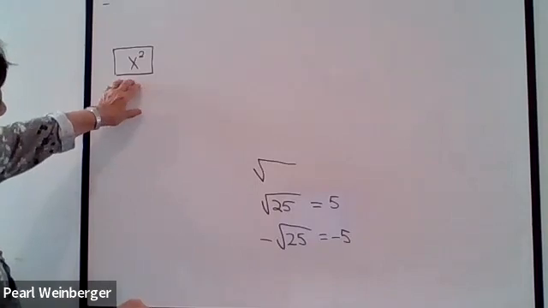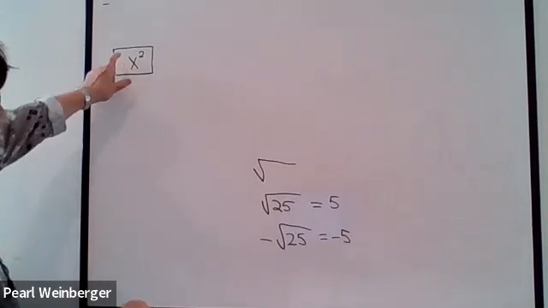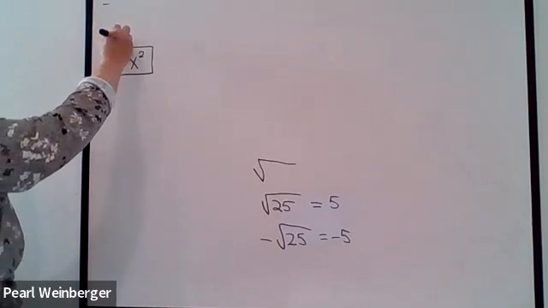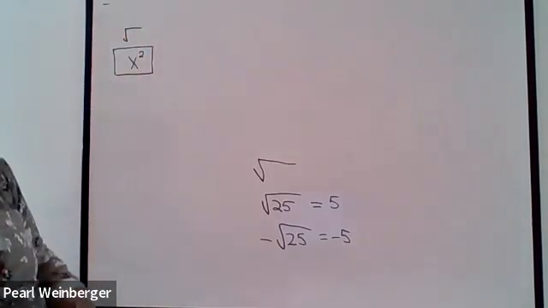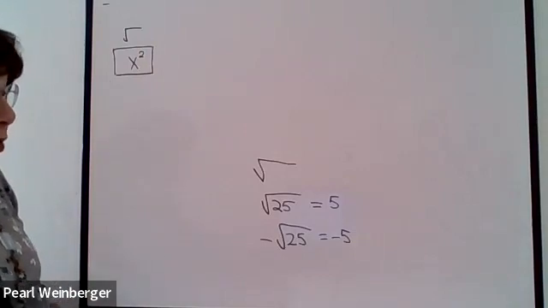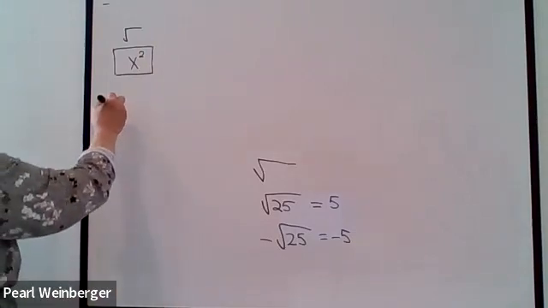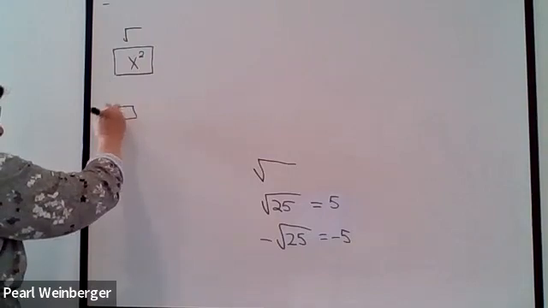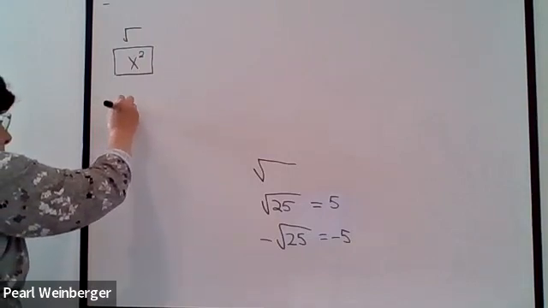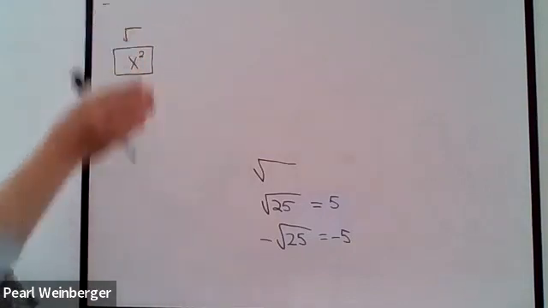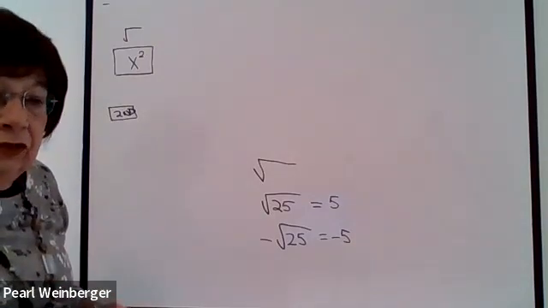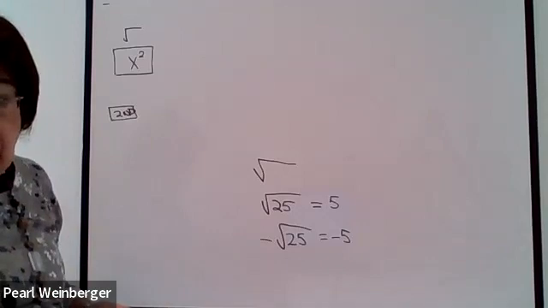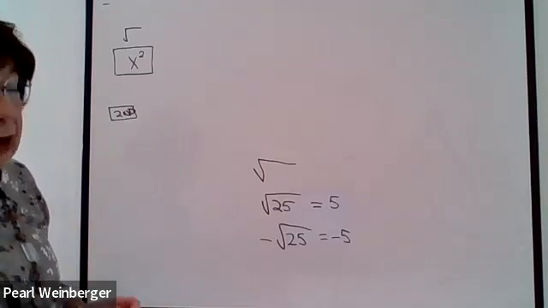Usually there'll be a button on your calculator that says x squared, and right above it, there'll be the radical sign. So if that's how your calculator works, what you'd have to first do is press what we call the second button, which is usually near the top of your calculators.